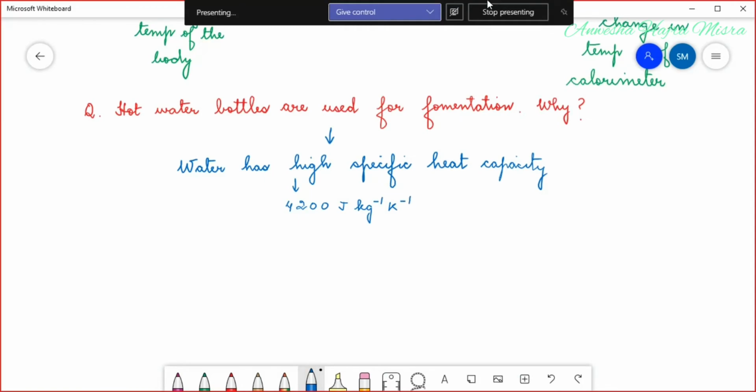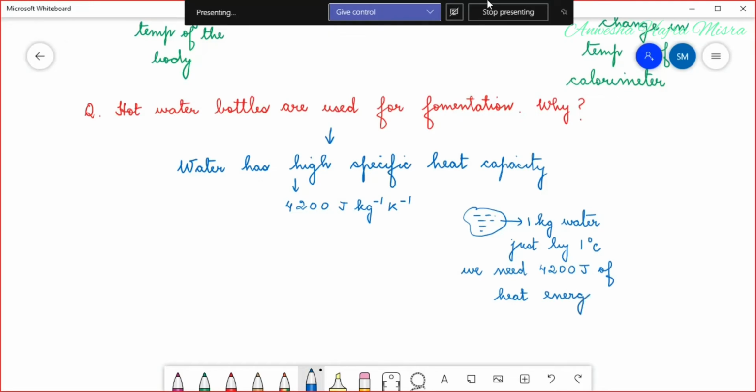That means to heat 1 kg water just by 1 degree Celsius, we need 4200 joule of heat energy.